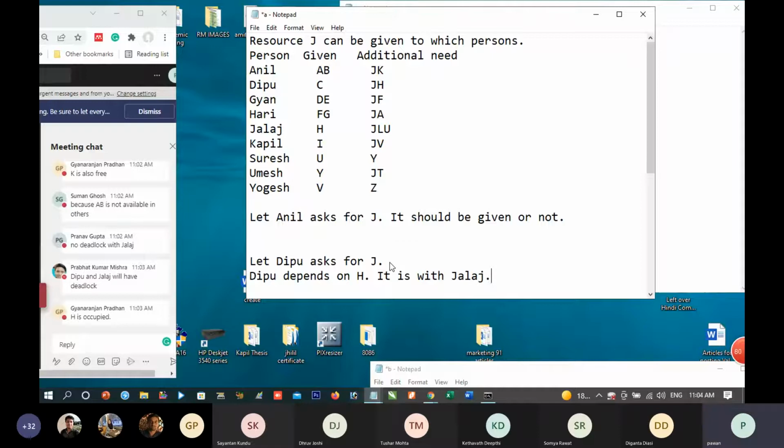So Deepu can be completed only after the completion of Jalaj.